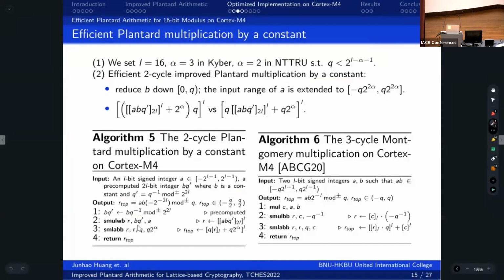After that, the L times 2L bit multiplication A times BQ prime can be implemented in one instruction as SMULWB. And the follow-up operation can also be implemented in one multiplication instruction. And compared to the state-of-the-art Montgomery implementation on Cortex-M4 presented in TGS 2020, we can save one multiplication, namely 1 cycle on Cortex-M4.